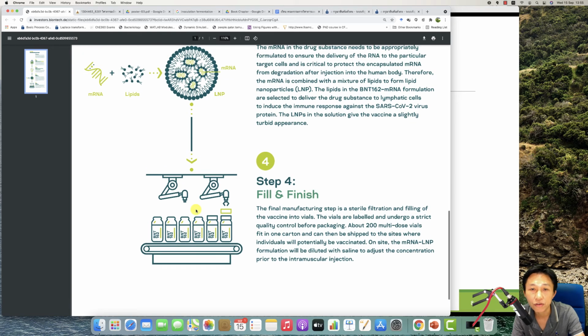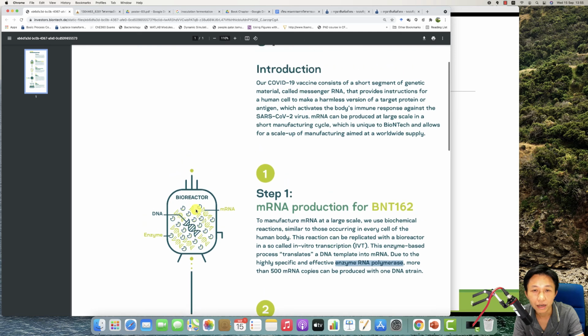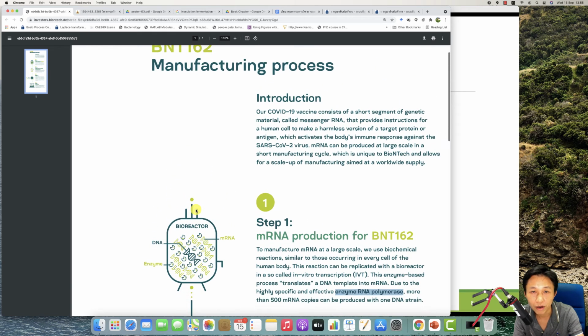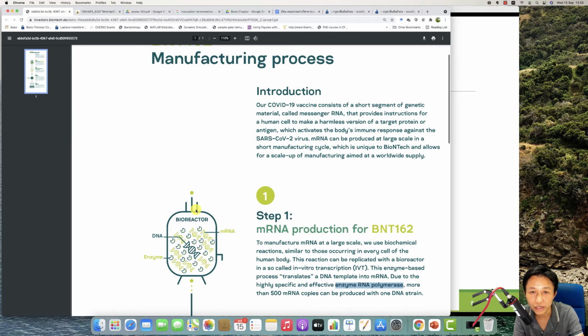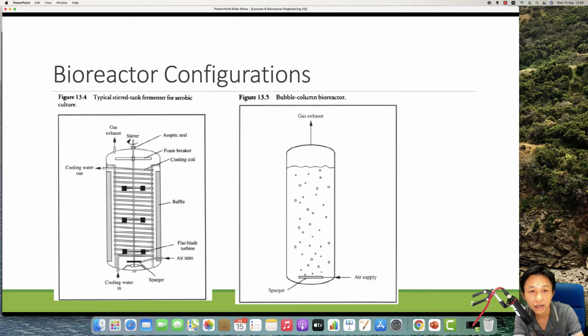This is how they produce mRNA for the COVID-19 vaccine, for example. Okay, this is how we work as an engineer in a company. Engineers can contribute in many sectors.